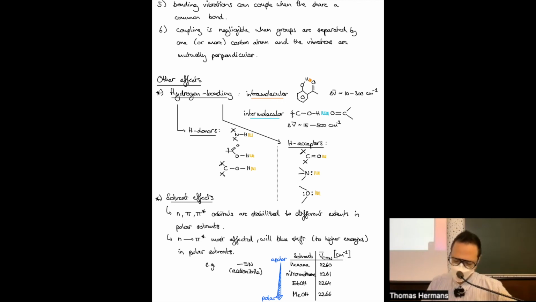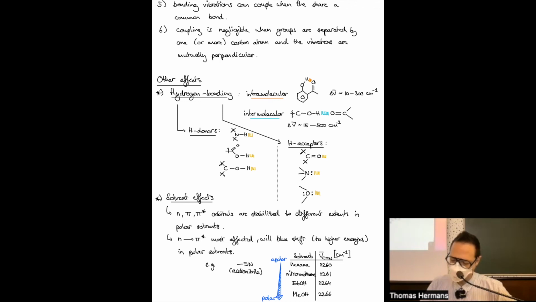But let's just draw a couple. Alcohols. Okay, so an acid, alcohol, they can donate in hydrogen bonds, or you can have hydrogen bond acceptors, and a very good one is the carbonyl.